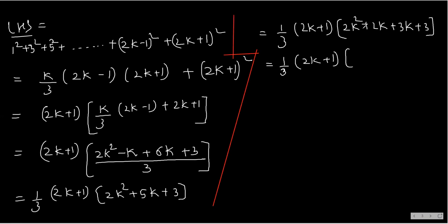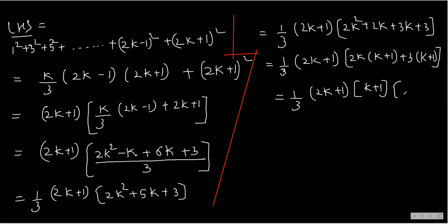If I take 2k common, I will get k plus 1. When I take 3 common, I get k plus 1. So this gets me 1 by 3, 2k plus 1, and this is k plus 1 into 2k plus 3.